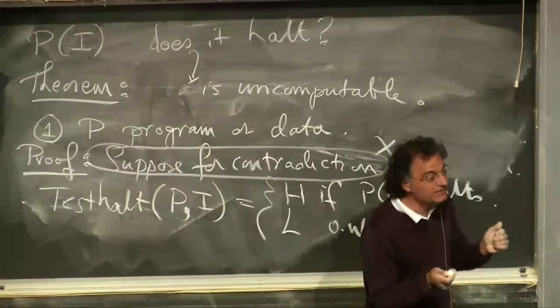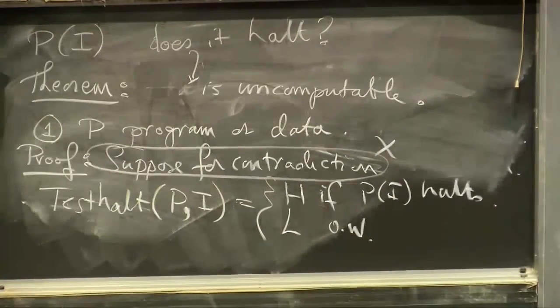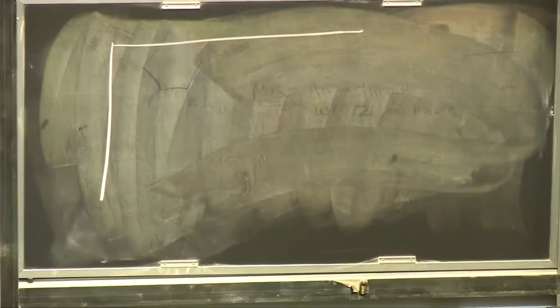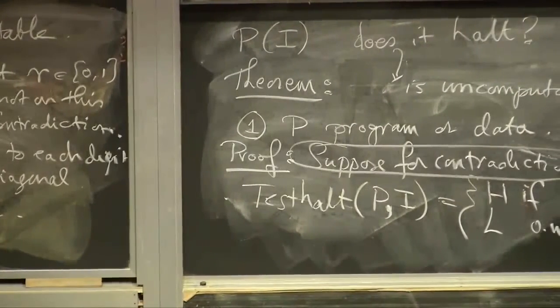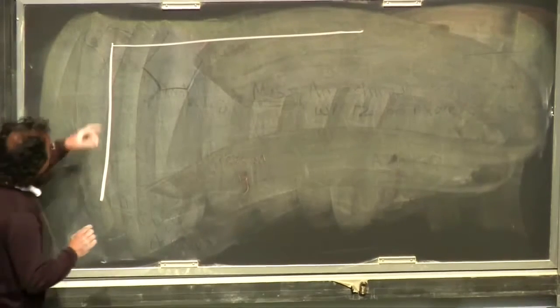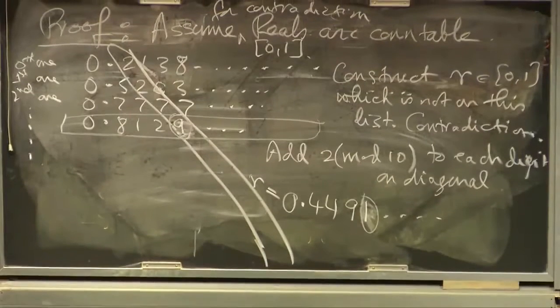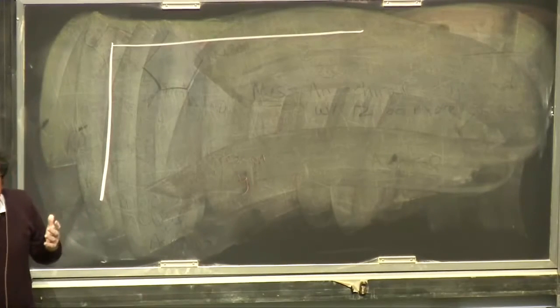What is it a diagonal in? We are going to make up a figure just like this, except the question is what's on this side and what's on that side. What we are going to do out here is write all the programs, all possible programs. How many programs are there?